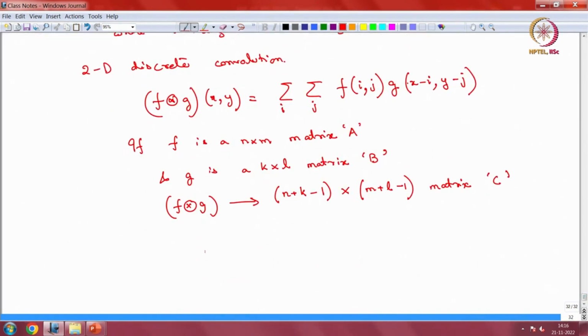Now in order to calculate the individual terms of the matrix, let's say Cxy is one term of the matrix. Then what you have to do in order to evaluate Cxy is sum over i and j, just like last time, but in this case you have A i j, and for this other matrix you'll have B x minus i plus 1, y minus j plus 1.